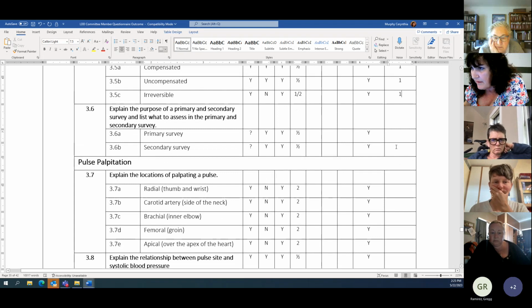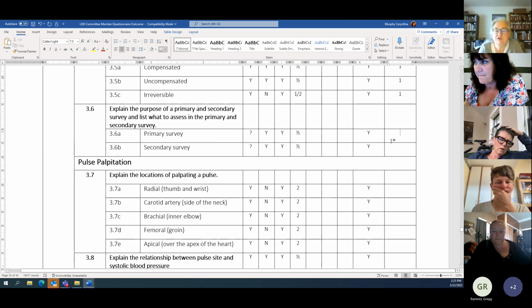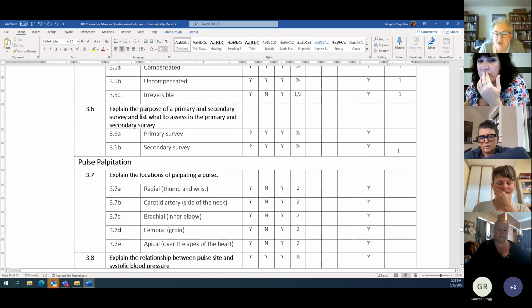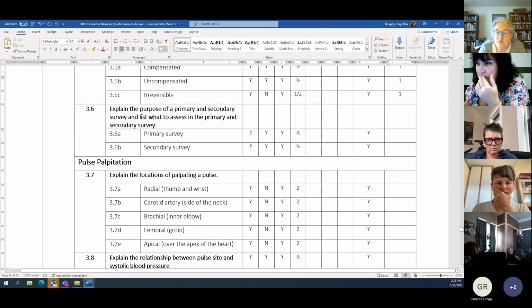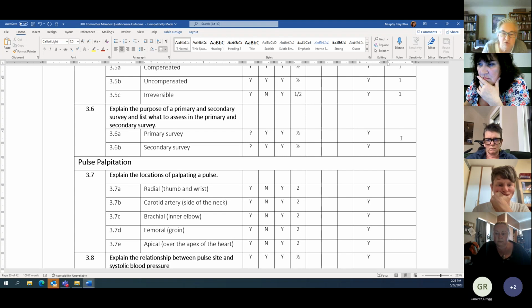Purpose of primary and secondary survey, and list what to assess in the primary and secondary survey. So this is the one where primary survey is basically your ABCs plus consciousness, and secondary survey is everything else. Because of the way that we work, it is rare that we come upon a scene where we have to think of it in terms of primary and secondary survey. The example I use when I teach my students is you come into the house, you spoke with her an hour ago, and she's laying on the floor.